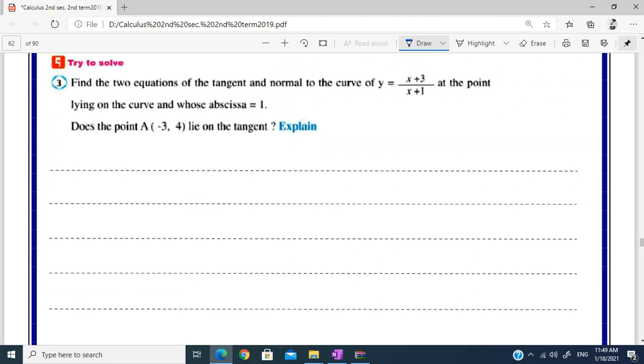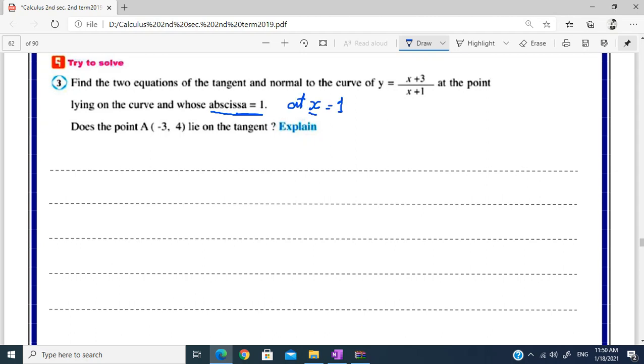Another one: find the equation of tangent and normal of the curve y equals x plus 3 over x plus 1, at the point lying on the curve and whose abscissa equals 1. Abscissa is the intersection with the x-axis, at x equal 1.